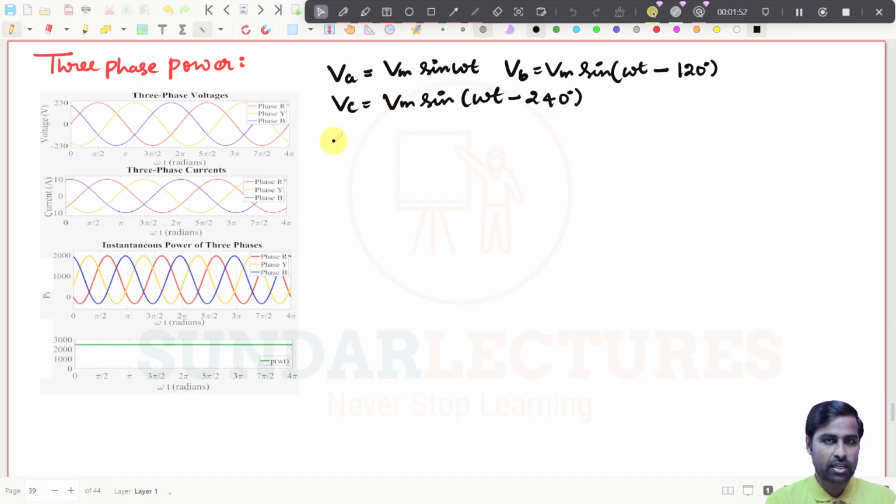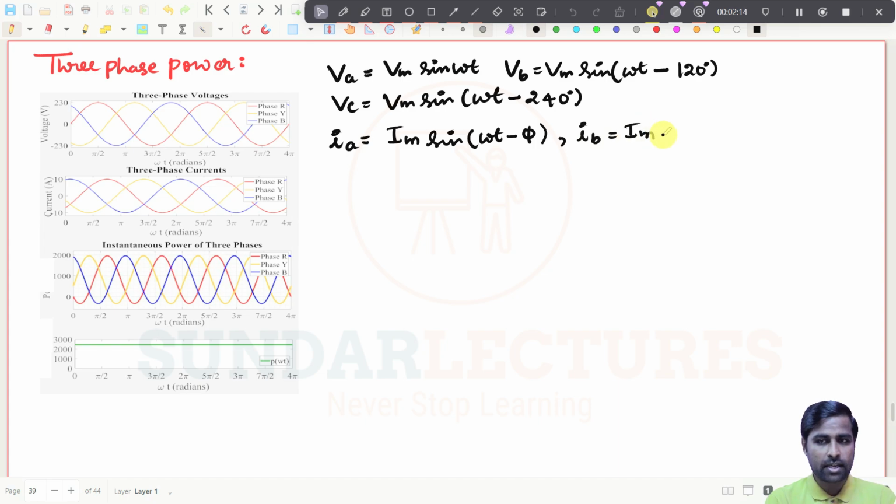And now the current IA, that is equal to Im sine of omega t minus phi degree. And IB, which is equal to Im sine of omega t minus 120 degree minus phi.